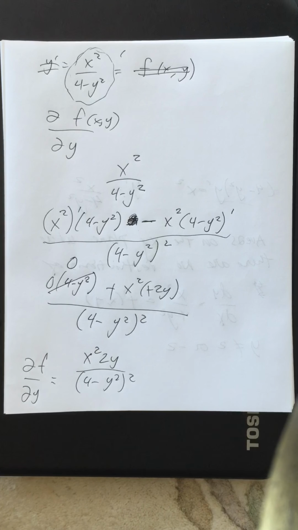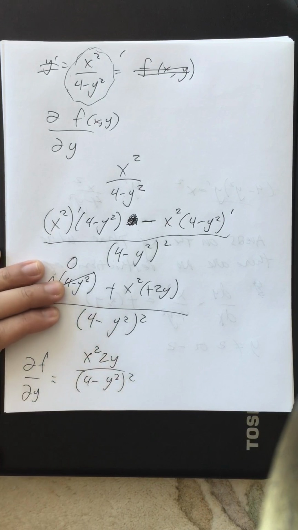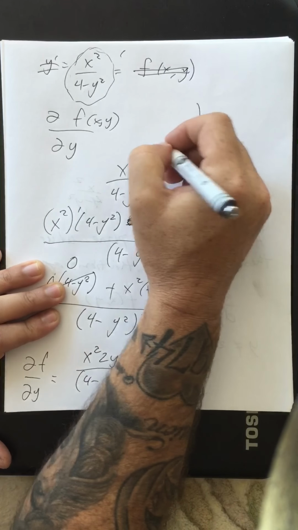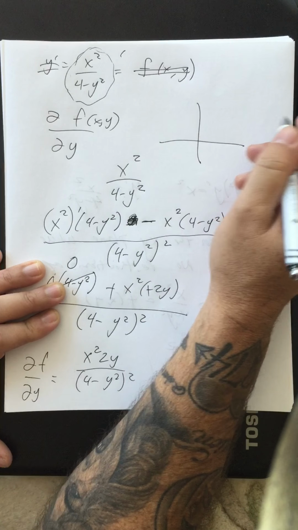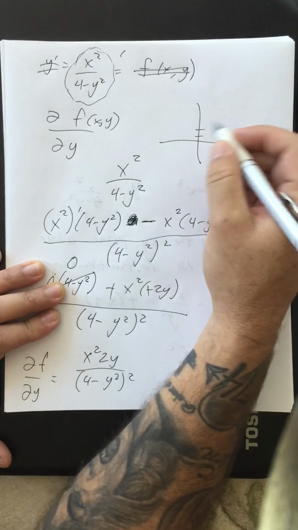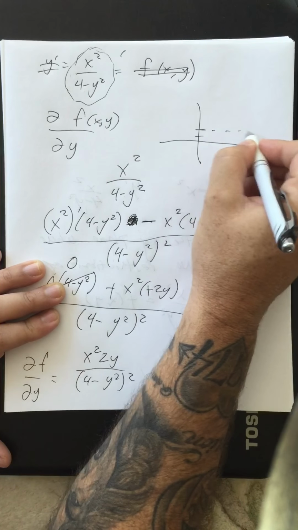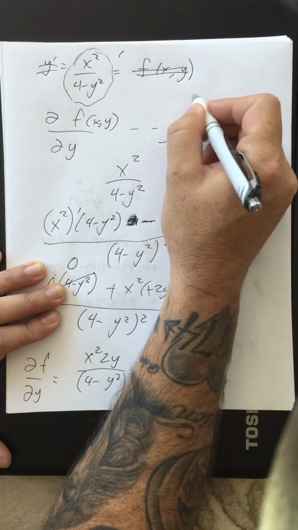You see that? Now what do you notice? Are there any restrictions here? Can y equal 0? Sure, why not? So basically you have the same restriction. y can't equal 2 or negative 2. So let's draw this out. There's y equals 2. Put a dashed line there. There's y.